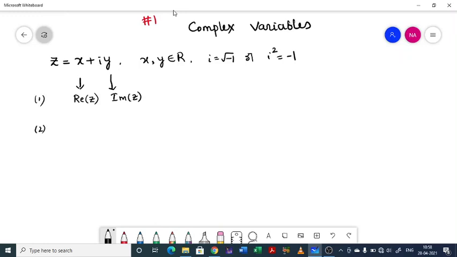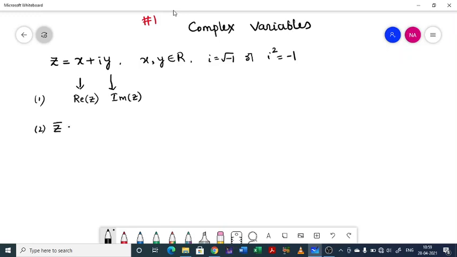The second point is, given any complex number, you can find its complex conjugate, just like conjugation that we use for rational numbers. So for z equal to x plus iy, its complex conjugate is written by this notation z bar, that means the conjugate or complex conjugate of z.